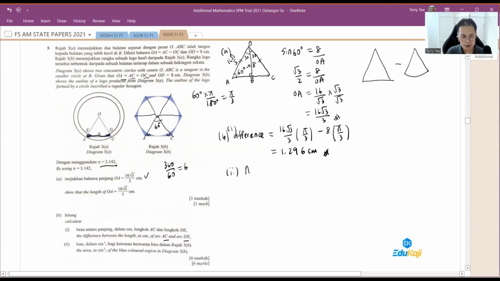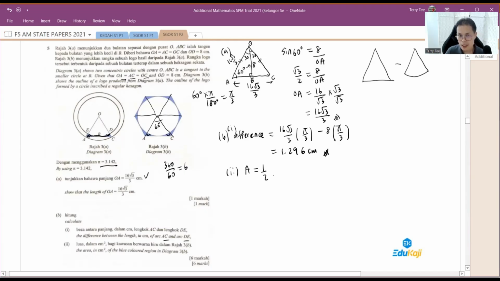Now, area of triangle, since I know the height, I know the length of the base, we can also find out. Now, you can actually use half ab sine C or half times base times height. Okay, if you want to find half times base times height, we need to use the base as AC, which is 16 sec 3 over 3, because AC and OA has the same length.